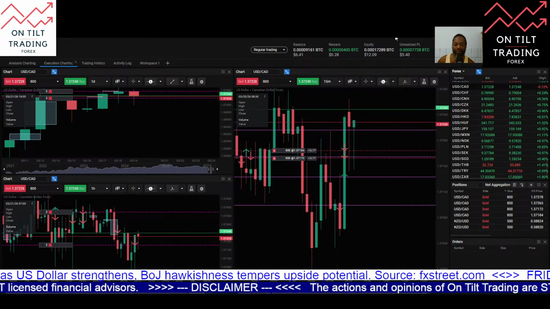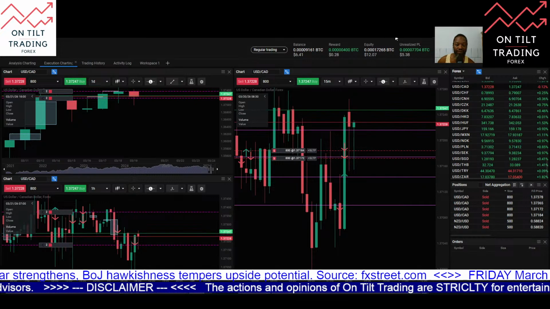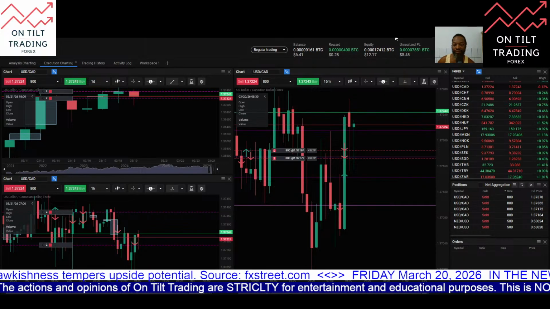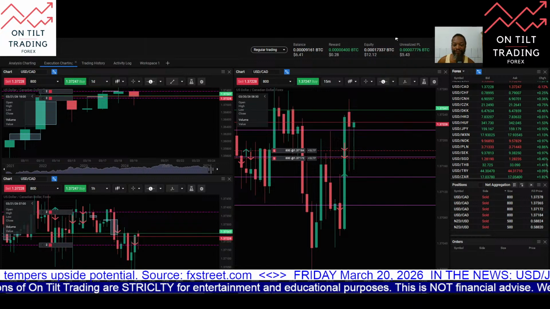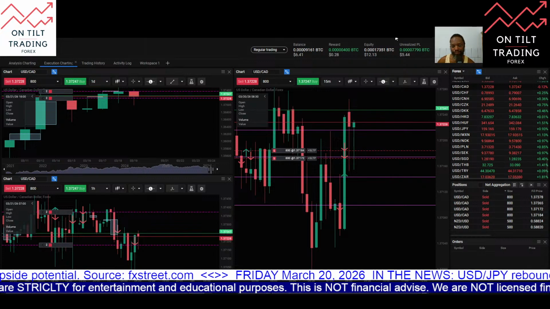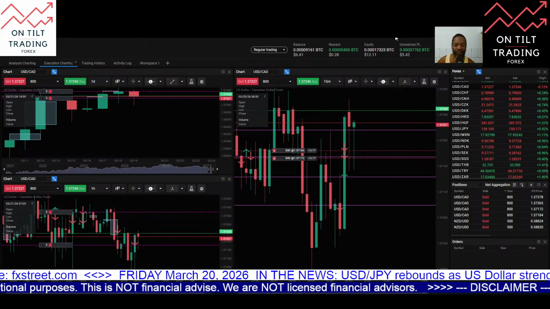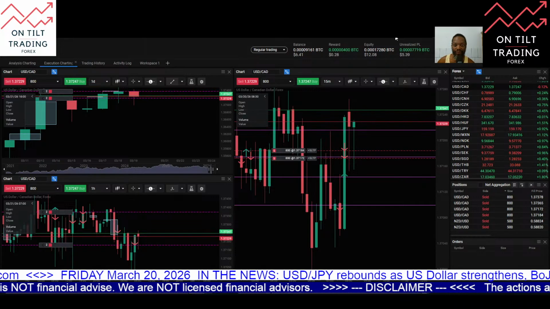But whatever price is doing here, it's certainly not in any kind of hurry to deliver to the buy side or to the sell side apparently. So the best thing here is just to be patient and allow price to play itself out.